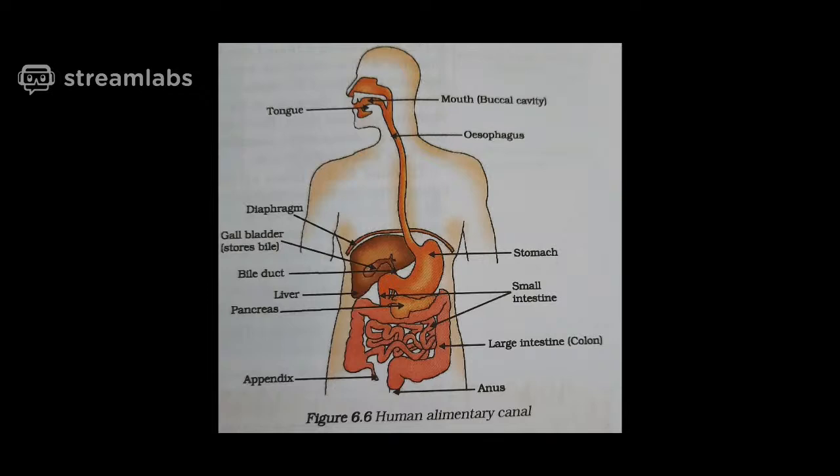Do you know? A little part of the food will be digested in the mouth by salivary glands. The salivary glands secrete salivary juice and a little part of the food will get digested in the mouth.